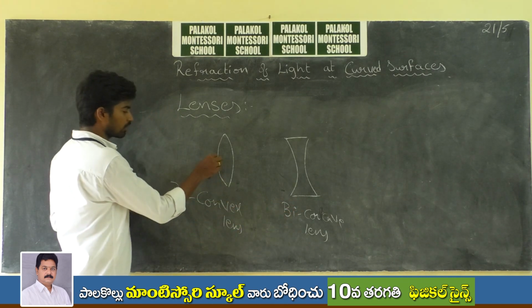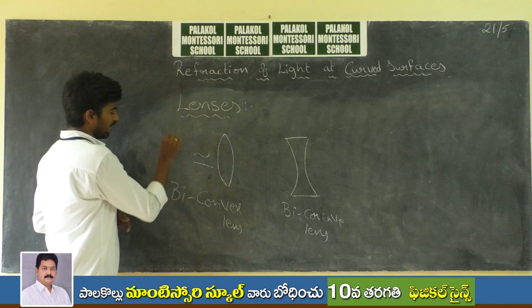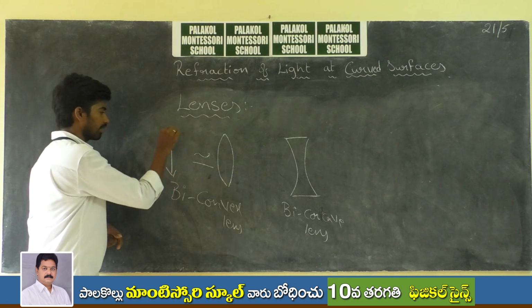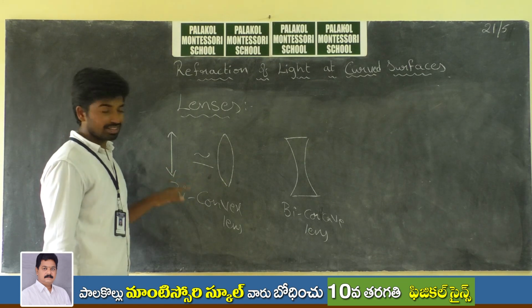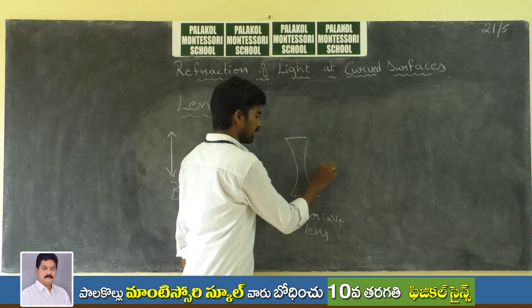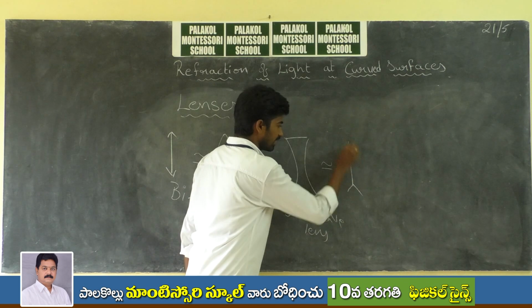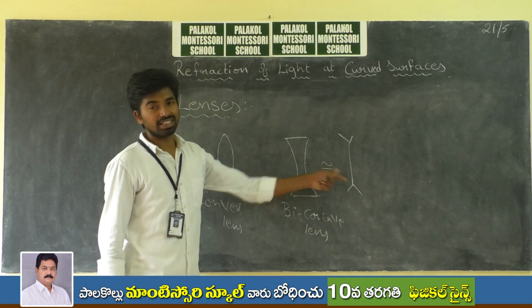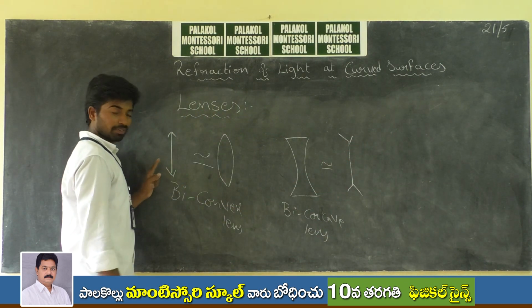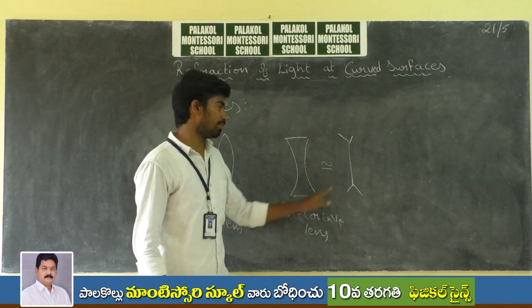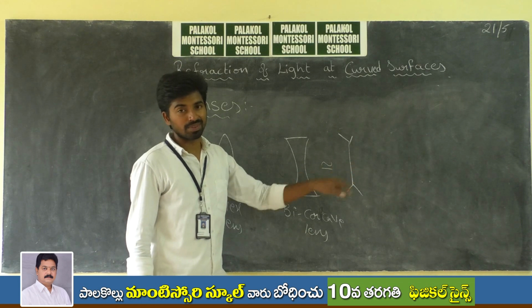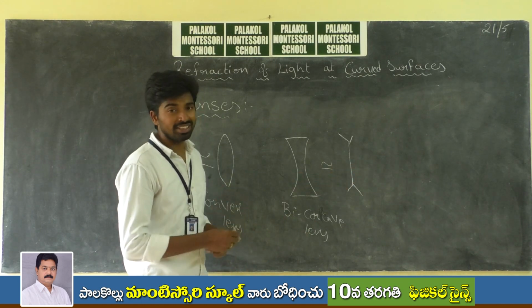You can denote the convex lens as a double-headed arrow, and we can denote the concave lens with a symbol like this.